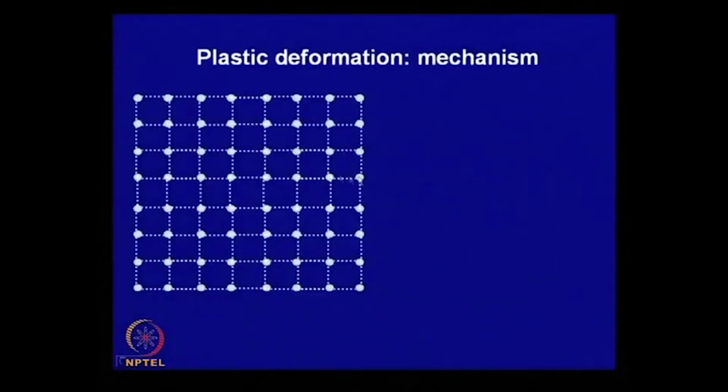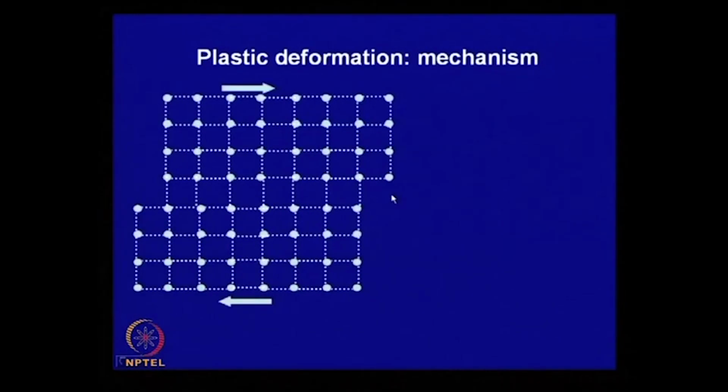Now, what happens if you apply shear stress? If it is large enough to overcome the lattice forces, a part of the crystal will move, this top part moves over the bottom along this direction. So, the plane on which this movement takes place, this mechanism is called slip.